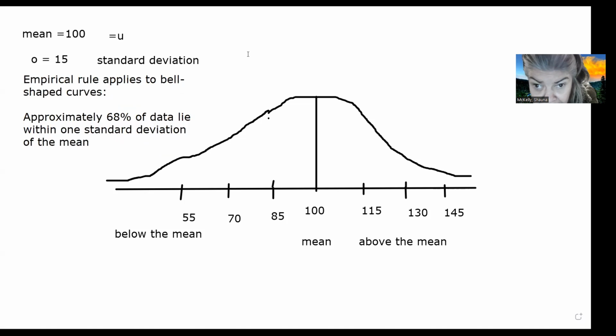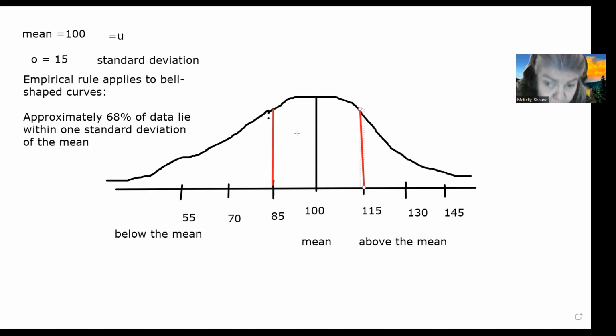So that means for us here that if I look at my picture, between 85 there and 115, about 68% of my data is going to fall in here.